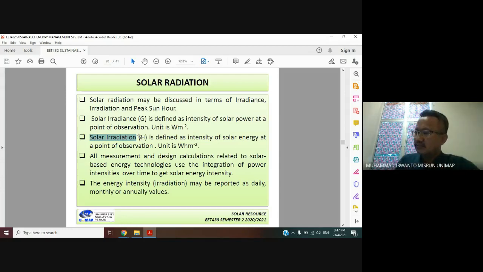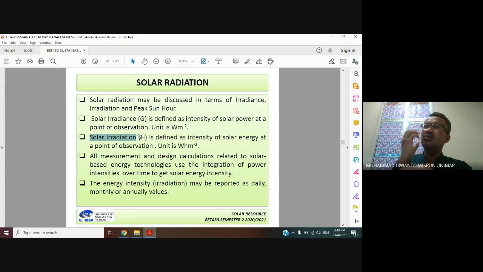Now, please give your focus. When we want to develop a photovoltaic power generation in an area, the data of solar radiation is very important.